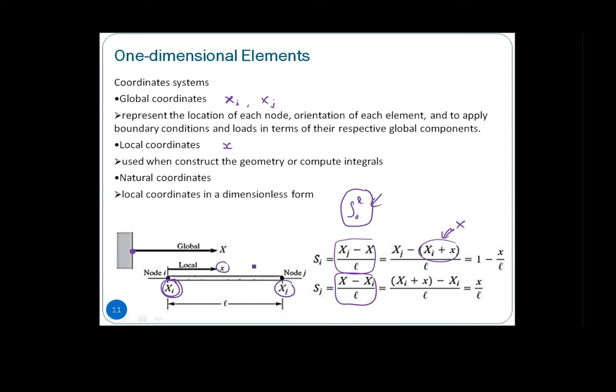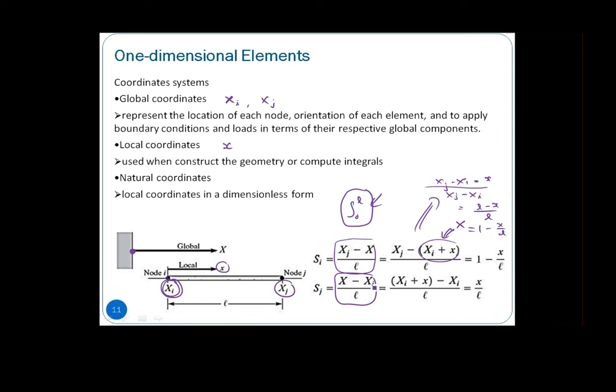So in the global, if you rearrange this, xj becomes xj minus xi plus x, divided by xj minus xi, which is L. So we have L plus x over L, sorry, this is minus x, so we have 1 minus x over L in local coordinates.